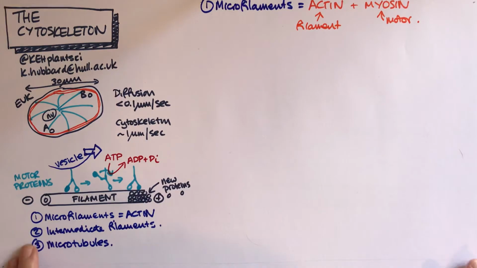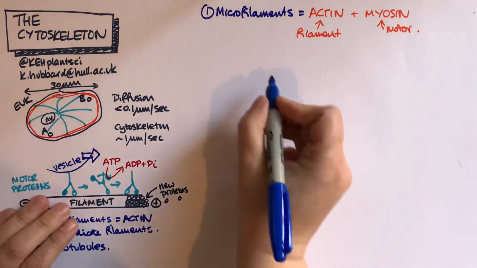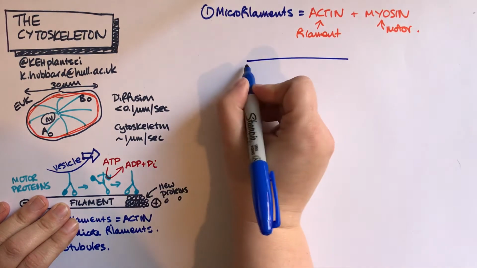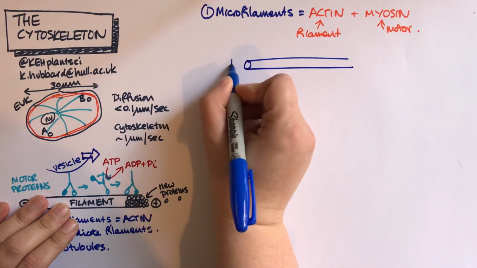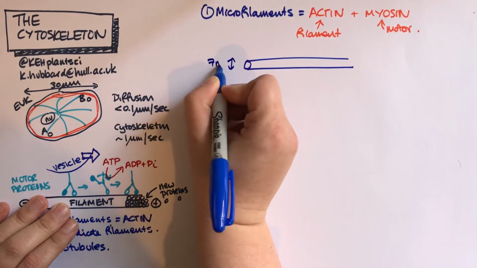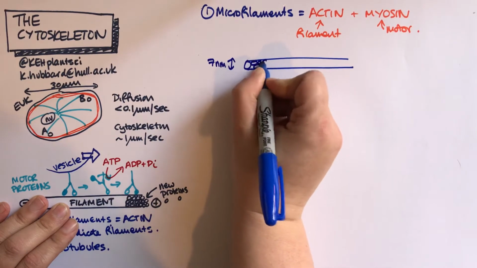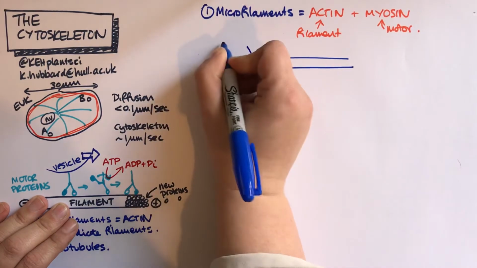Okay, so they always kind of go together, actin and myosin. So microfilaments, so if I just draw out again, microfilaments are pretty small. Okay, so they're about 7 nanometers in diameter, and they're made up of just repeating units of actin proteins.